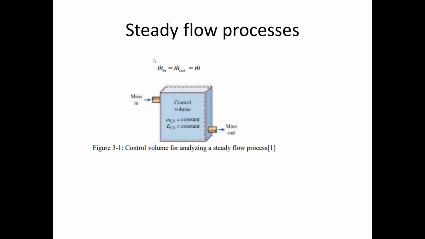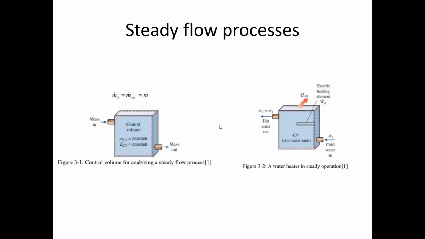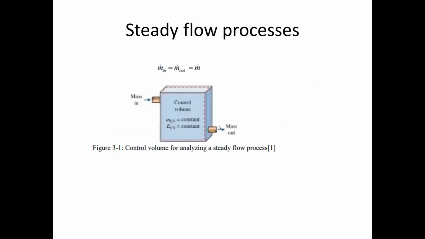Okay, so it's denoted by m dot. And this one is a space. Space is a volume. Okay, so we are considering the space, the heat and work inputs and energy in and out with the flows. And we can write the energy balance.